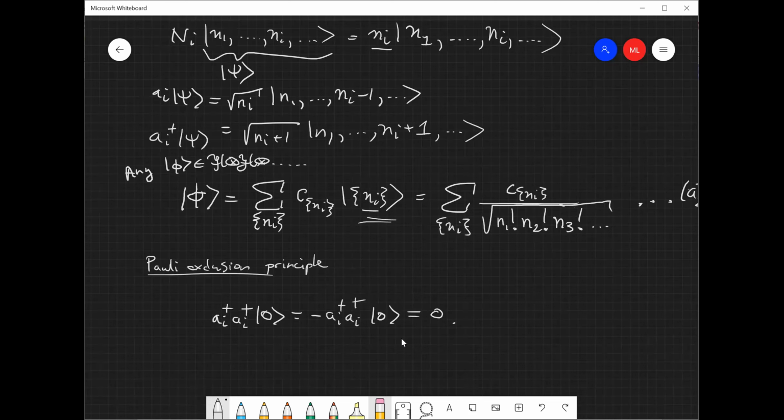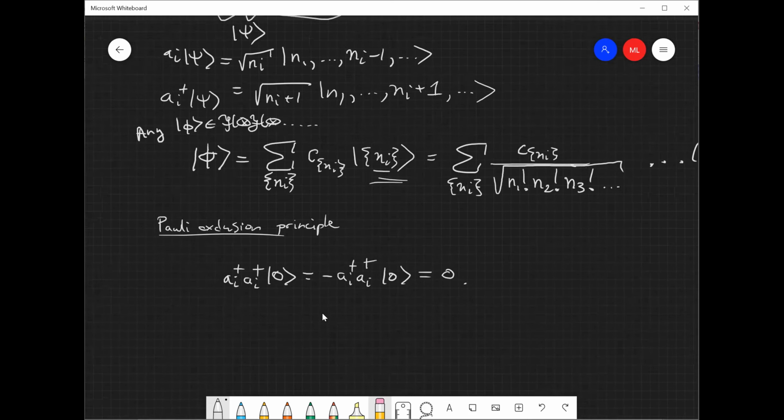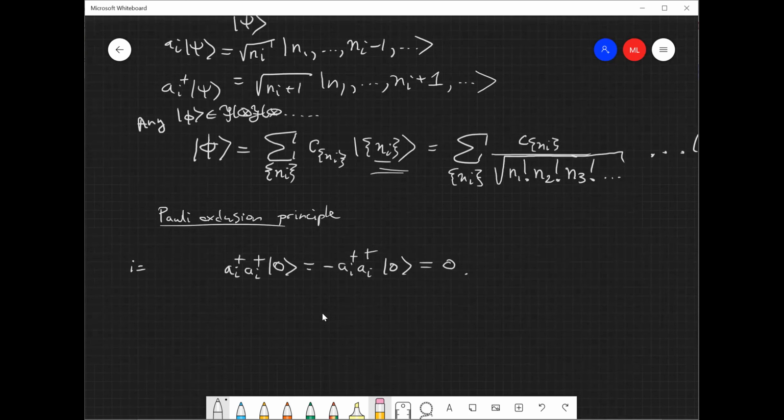The other issue with the Pauli exclusion principle and fermions in particular is that because of this anti-commutation property, you have to be careful about the order in which you list your single particle states. This is when i is equal to j. If i is not equal to j, of course, it's the same thing.